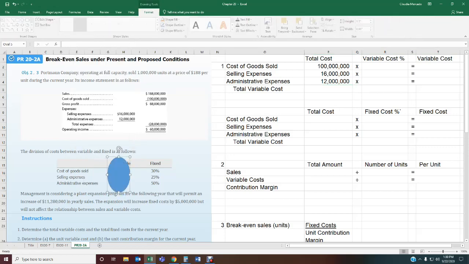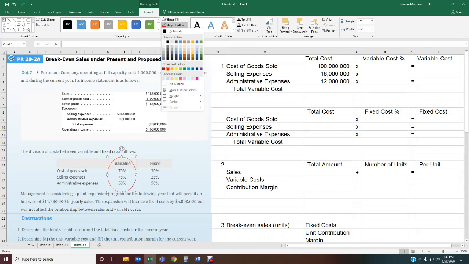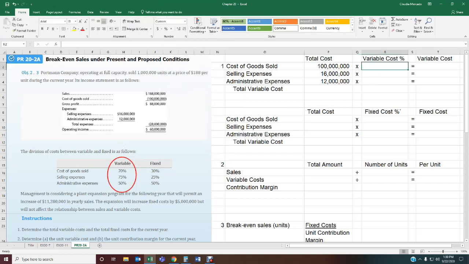Variable. I'm going to transfer that over: 70%, 75%, and 50%.